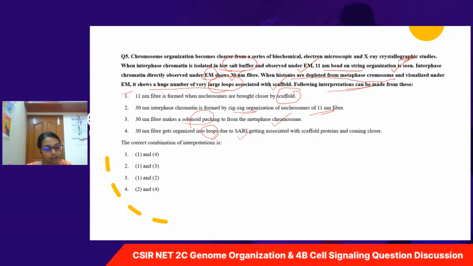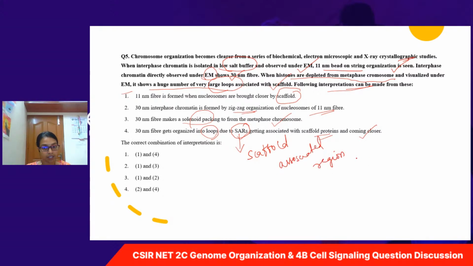What is SAR? Do you remember the SAR? SAR is scaffold associated region.